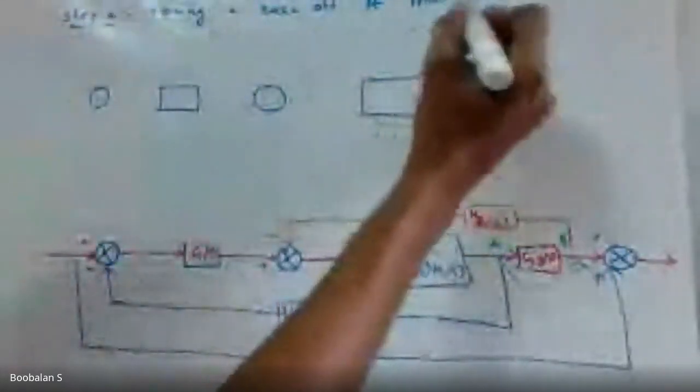Go to the summing point, one more bigger transaction, one more block, and one more block, and we'll have one more summing point.